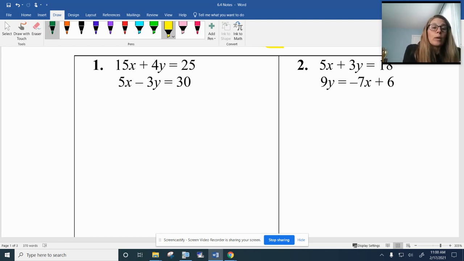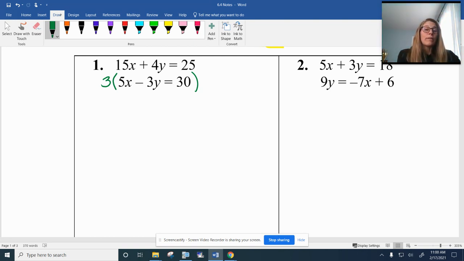So at this point, we really want to find a way to cancel either the x's or the y's by multiplying to make them the same. So 4 doesn't go into 3, 3 doesn't go into 4, so we could multiply both rows by a number, but if we look at the first part here, the x's, if I multiply a 5 by a 3, that'll give me a 15.